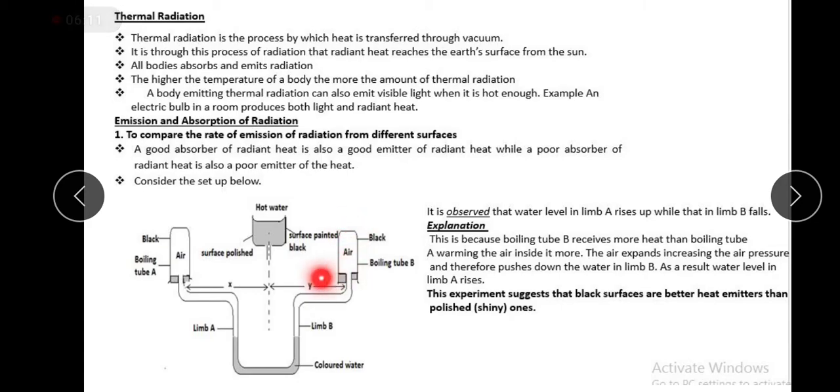That air pressure is what will push the colored water in limb B. Therefore, the water in limb B will fall and limb A will rise because this side is painted black. We say that this experiment suggests that black surfaces are better heat emitters than polished or shiny surfaces. Hope you have understood that.